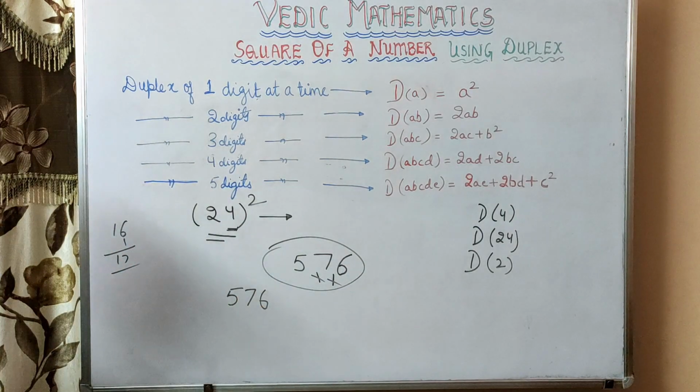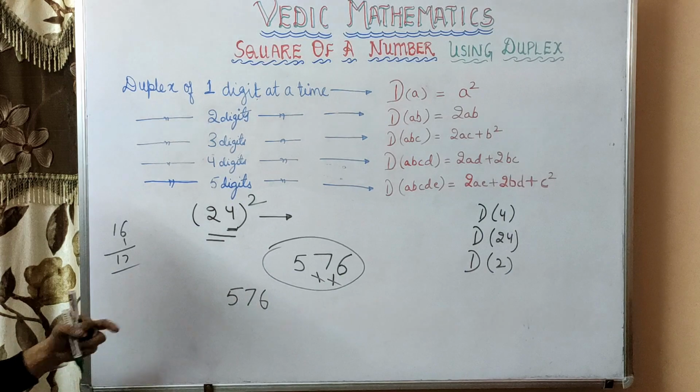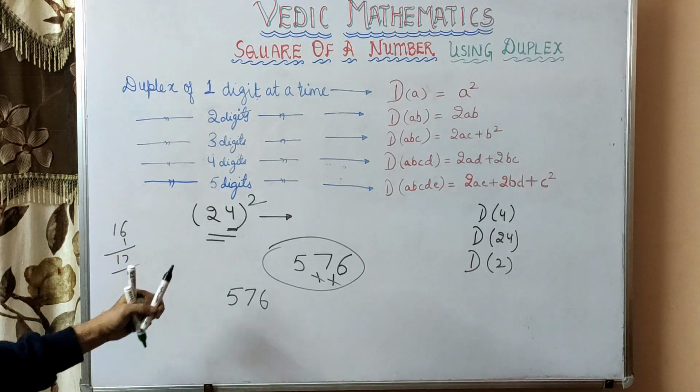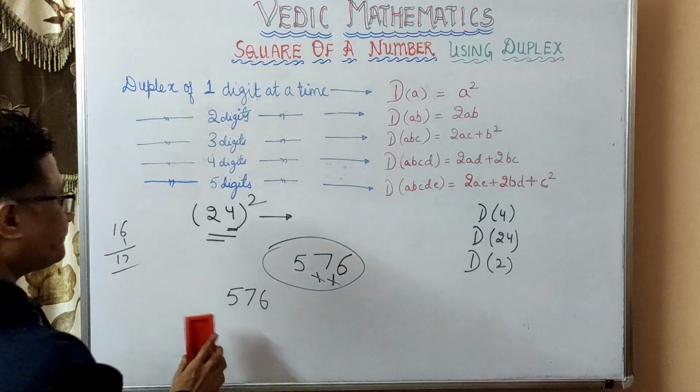576 is our answer. So now let's take the example of a 3-digit number.